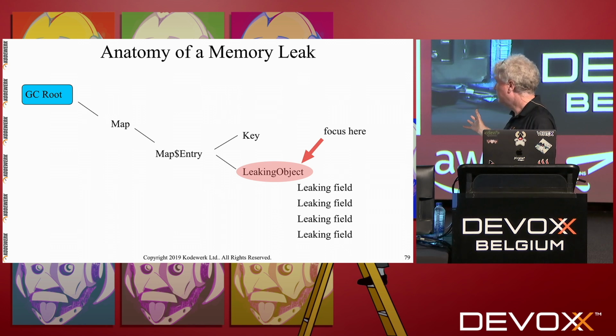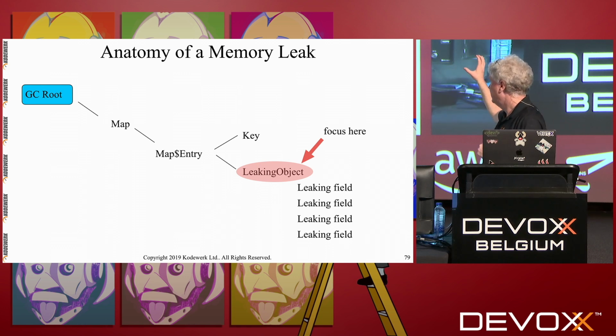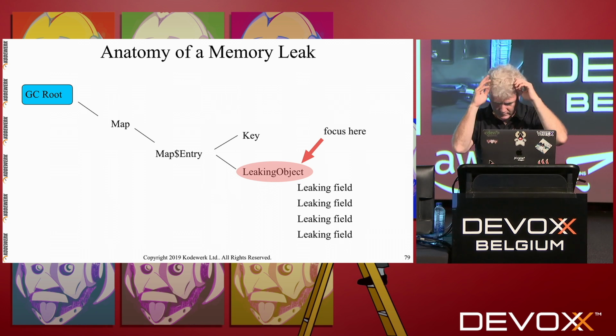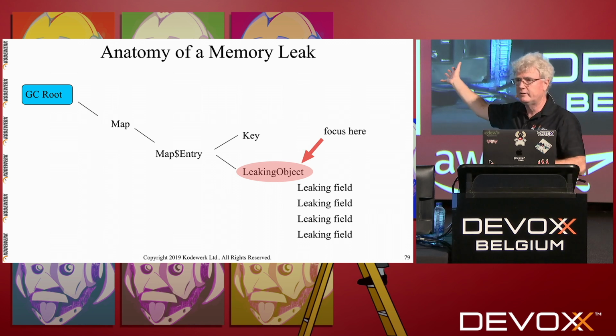But you're going to notice when we look at generational counts, all of this stuff is going to get dragged along with the leaking objects. So there'll be this pack of things traveling in the histogram together. So don't get distracted by the strings and the maps and things like that. Go for the domain object.